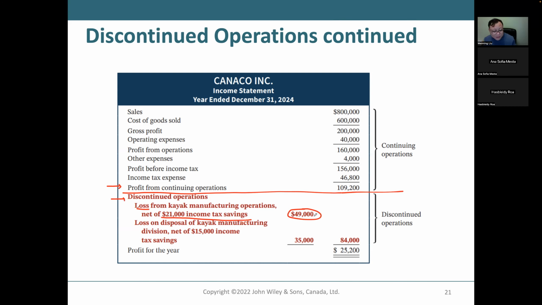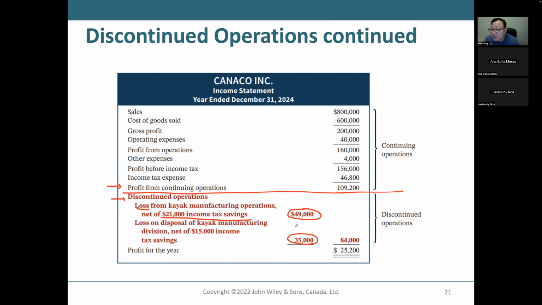And then you disposed of this division, so this is a 35,000 loss. That's the net loss. So these two, this one operation and this division, will be discontinued.